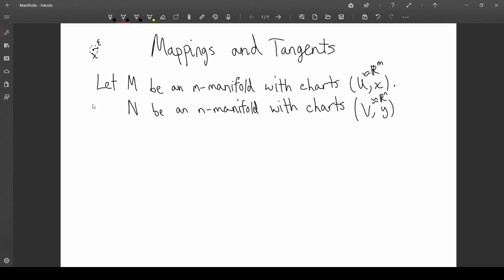And so since M and N are both locally Euclidean, and calculus ideas only care about locality, we can generalize this to manifolds, and so we can define differentiability of functions from one manifold to the next.